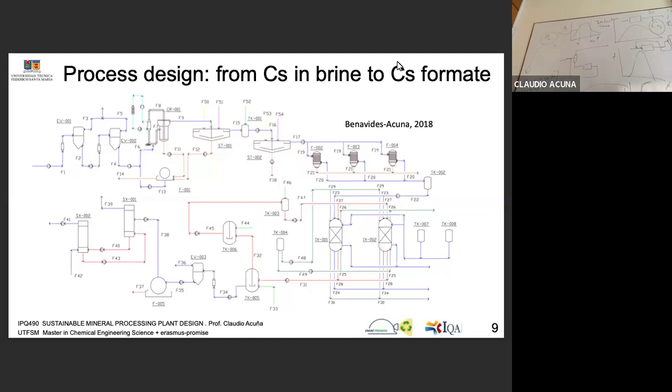We contacted the American company who produces and sells it. They gave us the product, and we did the adsorption isotherm. And with this data, which is in this thesis, this is the heart. Normally you have two columns, because one is working in adsorption, another one is being reactivated.